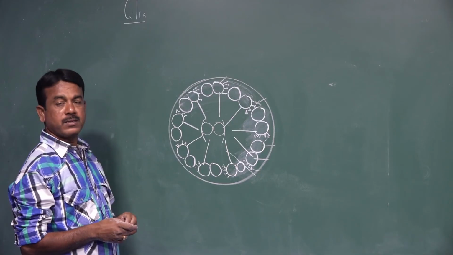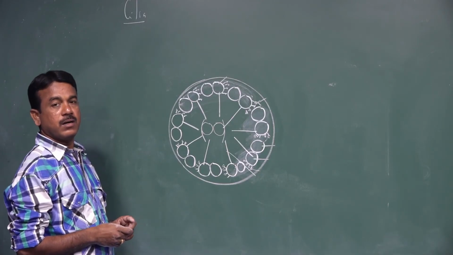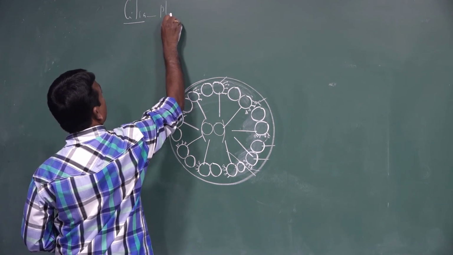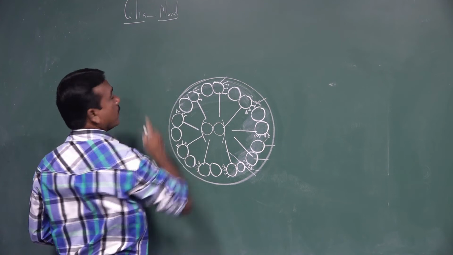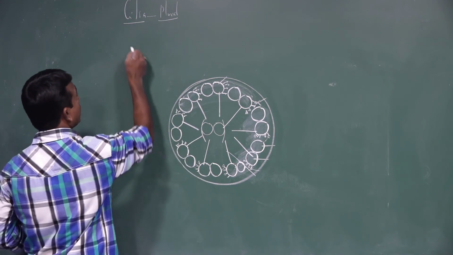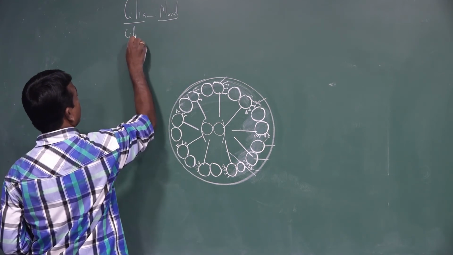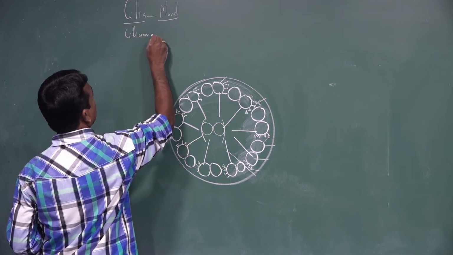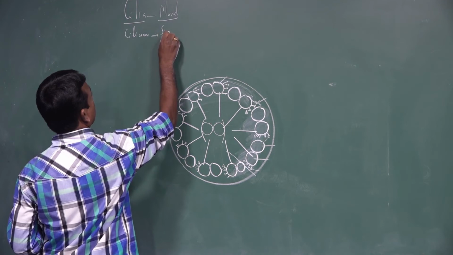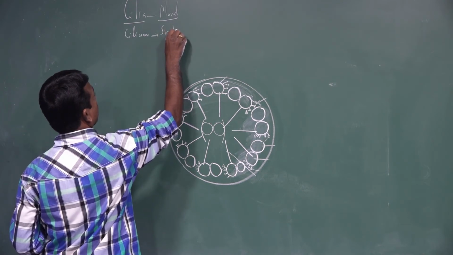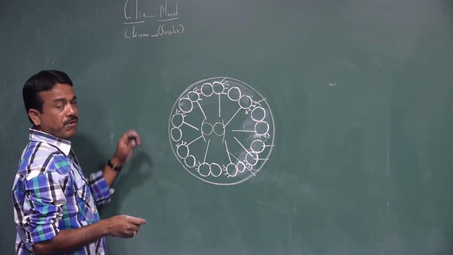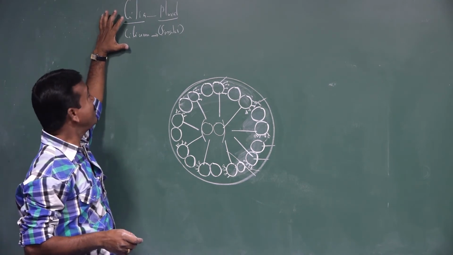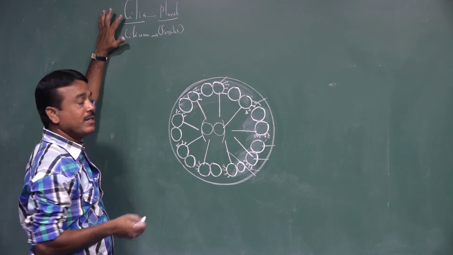The next topic is cilia. Cilia is the plural form; the singular is cilium. So what do we mean by cilia?